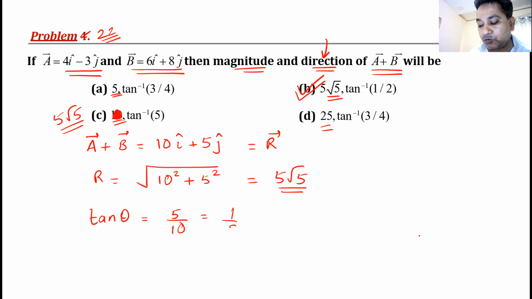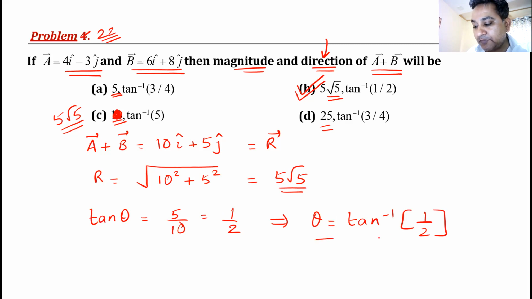That will be equal to 1 by 2. That implies theta will be equal to tan inverse of half. Am I clear? But here I don't have to find out the direction because only one option had the correct magnitude.